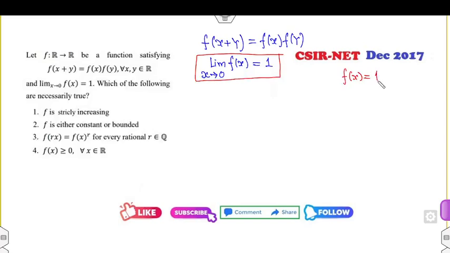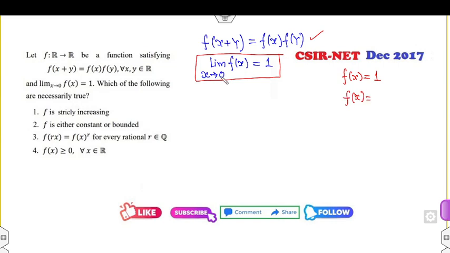Definitely one option is this. It satisfies this function. Does it satisfy this? Yes. It's strictly increasing, it's not constant, and f(1) is greater than 0. They are all satisfied. But based on this counterexample, we can't satisfy the problem.